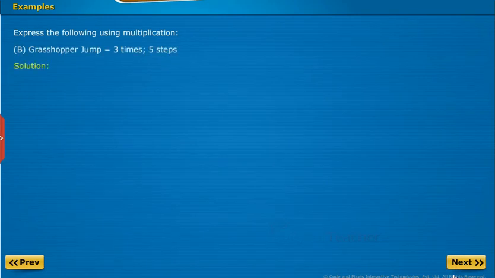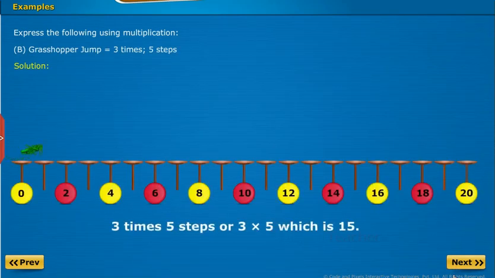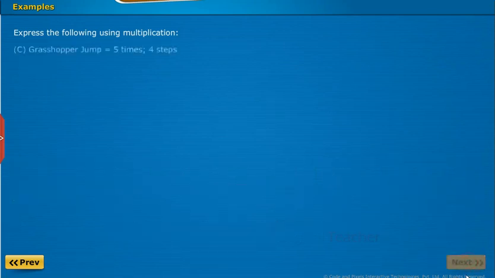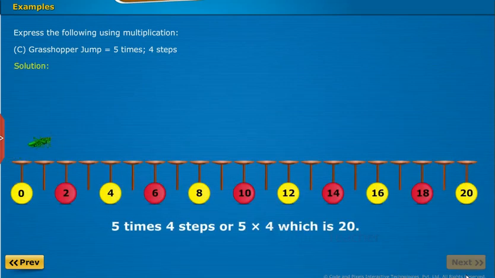Grasshopper jumps 3 times 5 steps. 3 times 5 steps or 3 into 5, which is 15. Grasshopper jumps 5 times 4 steps. 5 times 4 steps or 5 into 4, which is 20.